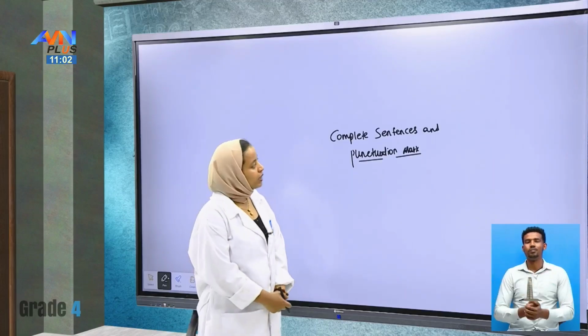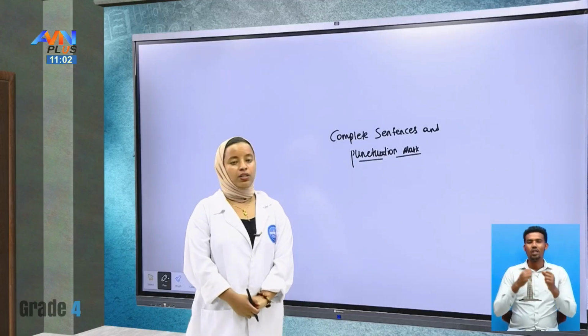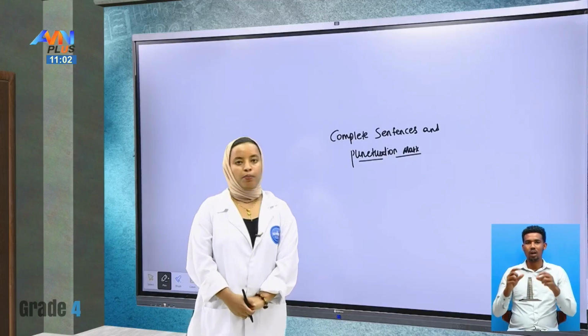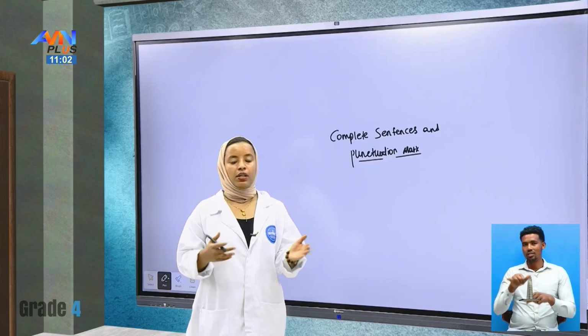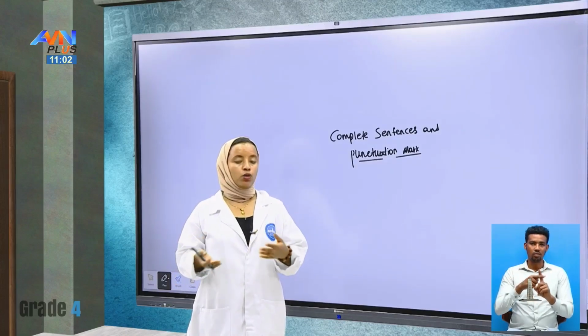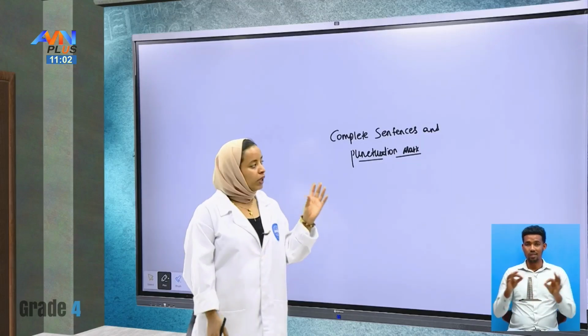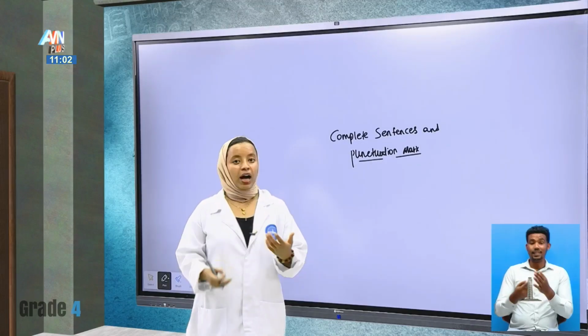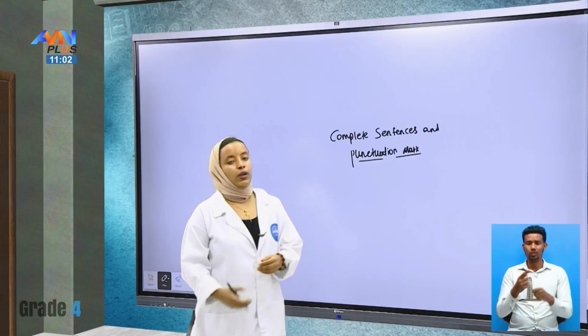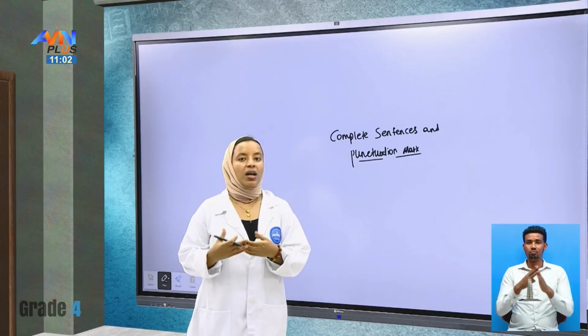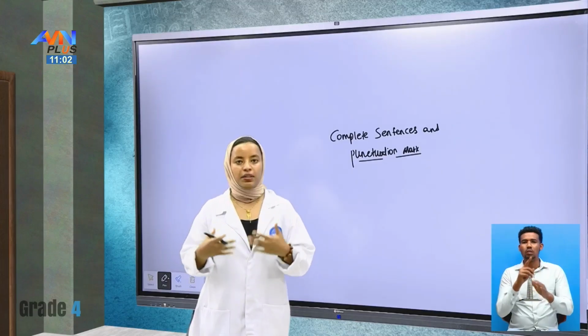When we come to sentences, we can classify them by their structure, like declarative, interrogative, imperative, and also exclamatory sentences. We can use different punctuation marks to show what sentence structure it is.